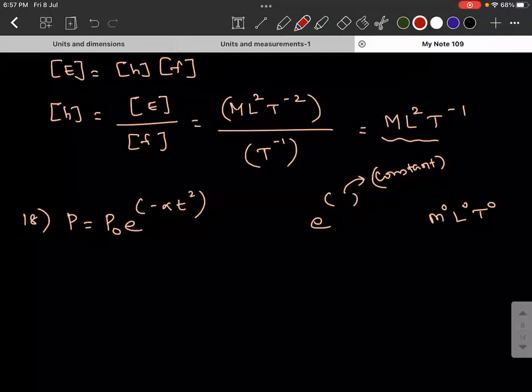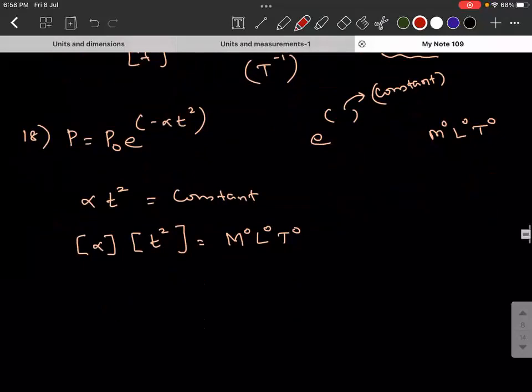So what should happen here is, you're able to see two physical quantities on top of e. What are they? Alpha and t square. So alpha and t square are multiplied. So alpha into t square, can I call it a constant according to the mathematical logic that I told you? So dimensional formula of alpha into dimensional formula of t square should be equal to the dimensional formula of a constant. What is the dimensional formula of a constant?